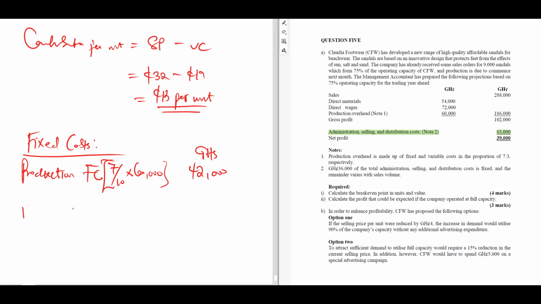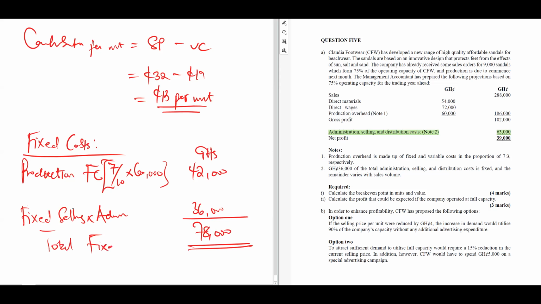And then fixed selling and admin: the question already said it was 36,000. So if we add, 42,000 plus 36,000 is 78,000, being our total fixed cost.